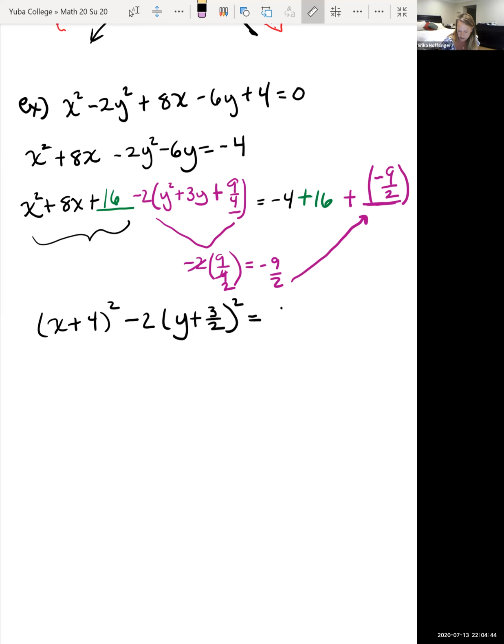I'm going to need a common denominator. And then I have this minus 9/2. So my LCD is 2. I need a common denominator of 2 here.